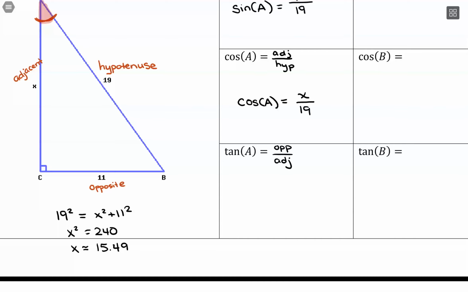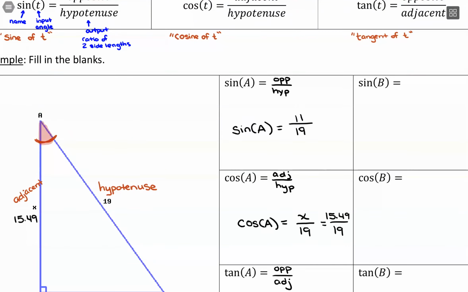So we solve for that. I'll go ahead and mark that there. Making this adjacent over hypotenuse, I could leave it like that, x over 19. This would also be the same thing as 15.49 over 19. And we can reduce that into a decimal. It kind of depends on what they want as a solution.